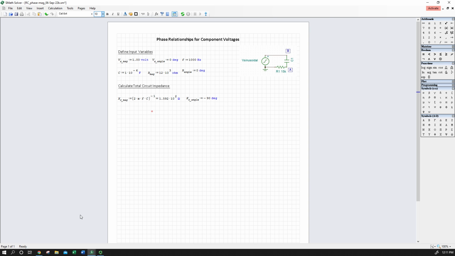So I need to use my trig, although it's very easy trig because I'm operating on a 0 degree and a 90 degree angle to do this. So basically I need to find what is the real component of my resistance, and of course it's all of it. So I can define an R real.